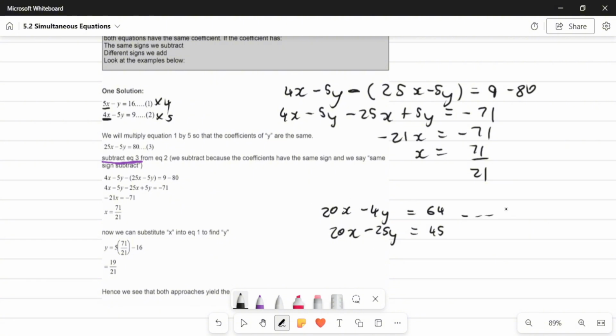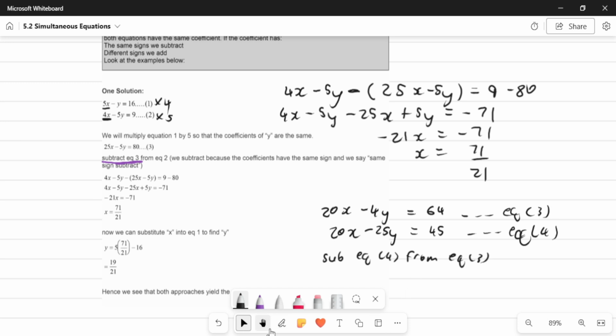Now you'll call this equation 3 and you'll call this equation 4, because we have to re-express both equations. So that's why we have to give them new names, basically. So let's say subtract equation 4 from equation 3.